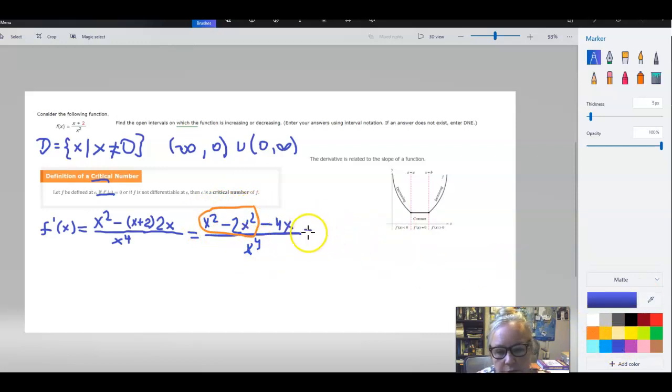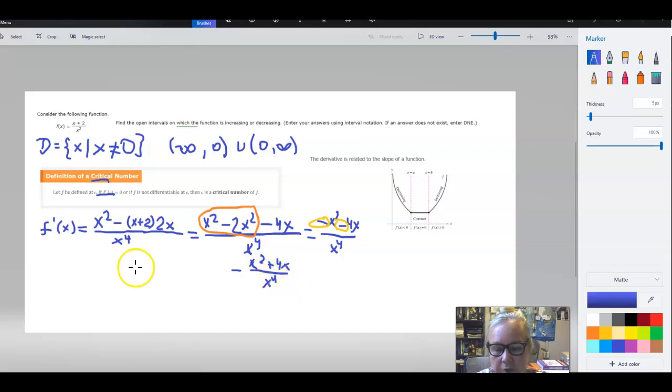So now it will be negative x squared minus 4x in the numerator over x to the fourth. It's easy to take this negative sign outside and put it here, and here we have x squared plus 4x over x to the fourth.